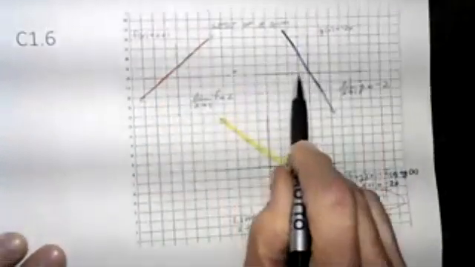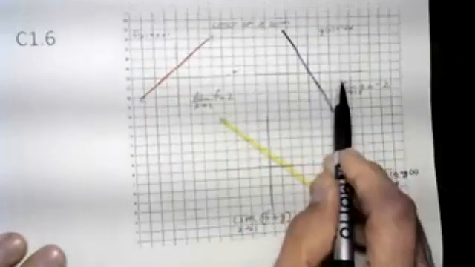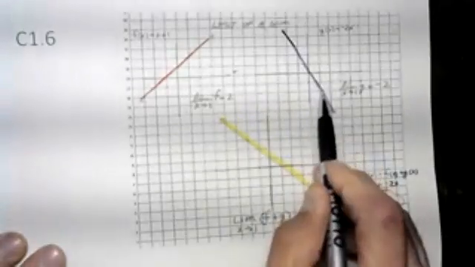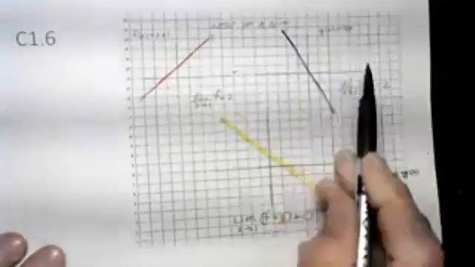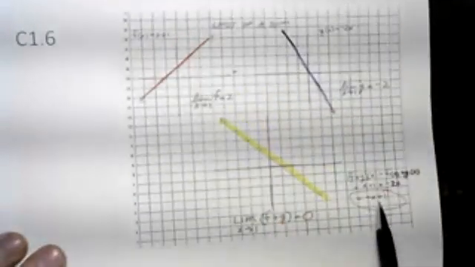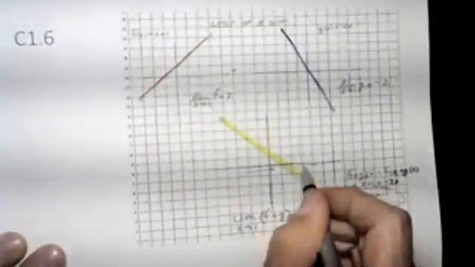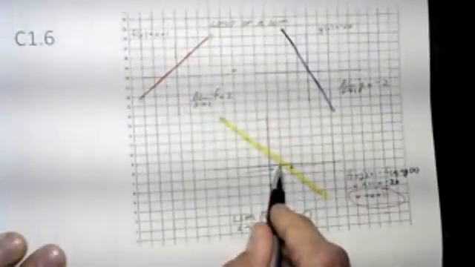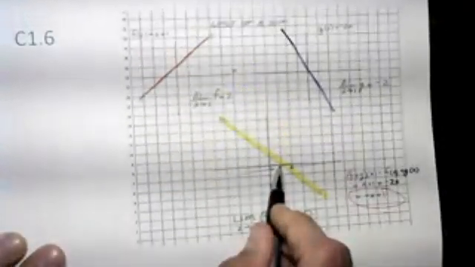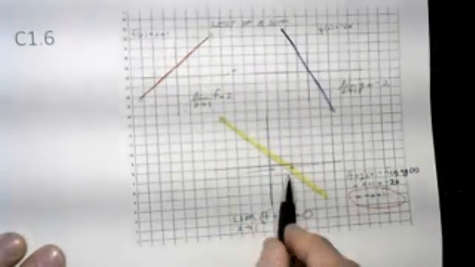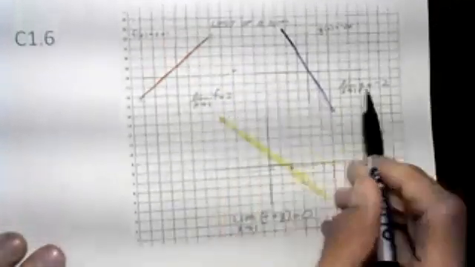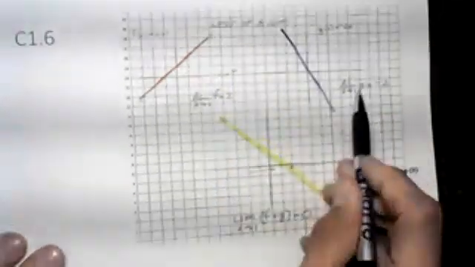As x approaches 1 in the blue function, it should go to negative 2, obviously. And as x approaches 1 here, you can see as it approaches 1 from both sides, it goes to 0. Okay? Notice that 0 is the correct limit, and 0 is also 2 plus negative 2.